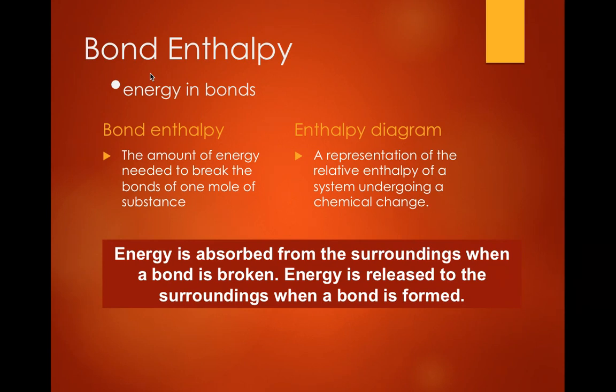So bond enthalpy is the amount of energy needed to break bonds of 1 mole of a substance. And an enthalpy diagram, which I'm going to show you in a second, is a representation of the relative enthalpy of a system undergoing a chemical change.